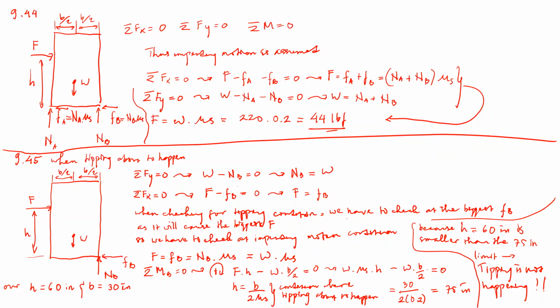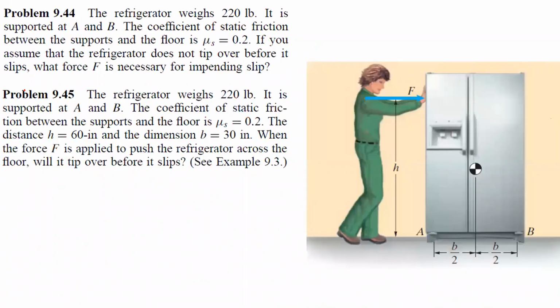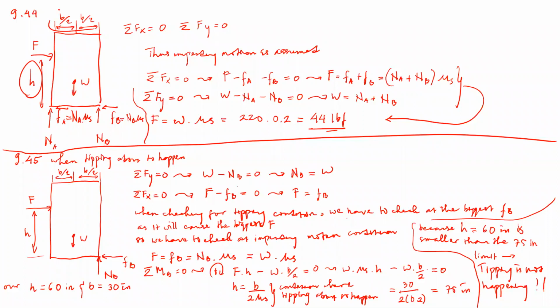But in this case, we will not be using the third one, because the height is unknown. There is no information about the height. The B here is unknown as well. So we will not be able to use sigma moment equal to 0. We are left with 2 equations and 3 unknowns. Can we solve it? Let's try.